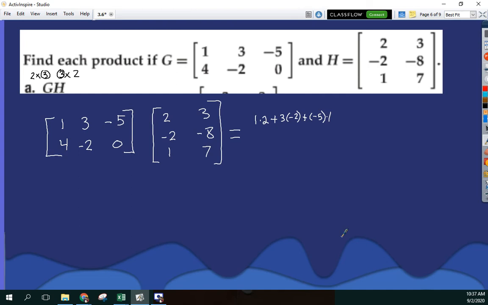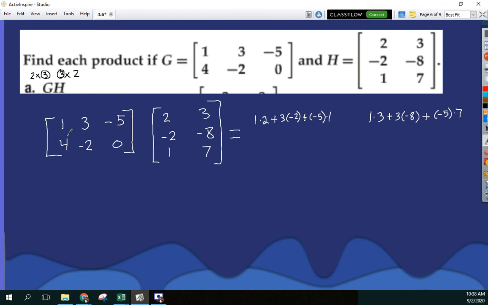And again, we'll simplify here in a moment, but I want us to see where I'm getting all of these from. So we used our first row, first column, so then we're going to go on and use our first row, second column with that same process. So this time I have 1 times 3 plus 3 times a negative 8 plus negative 5 times 7. I don't have any more columns, so I'm done with my first row.